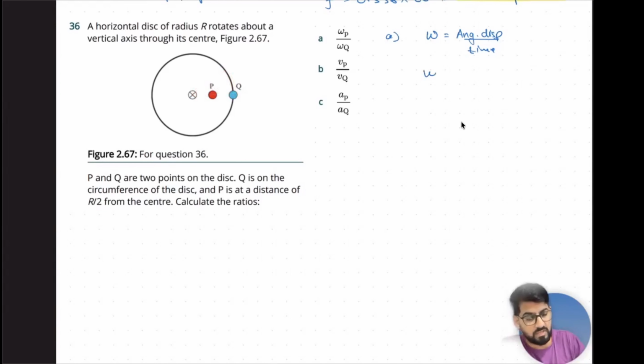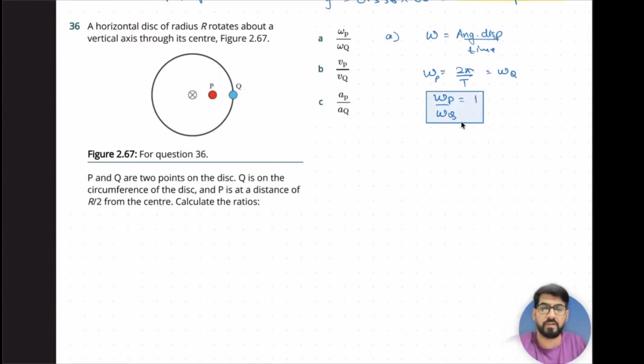Similarly, omega is 2 pi by t, so whether it is P or Q, it will be the same, right? So the ratio of omega P over omega Q will always be 1 because they cover equal angles in equal intervals of time. That is how we define angular velocity. So the ratio for this will be 1.